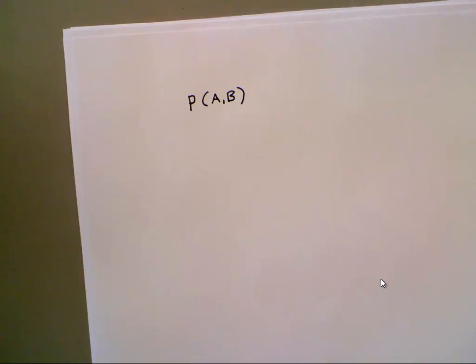Things are about to get more complicated. This is what's called a joint probability distribution, and these are the kinds of things you probably didn't see in your stats class that you have to deal with in this class. It's a distribution over two variables at the same time.